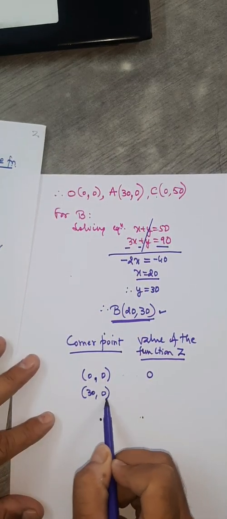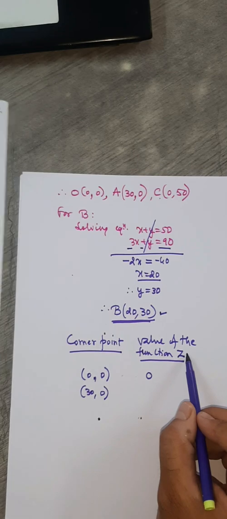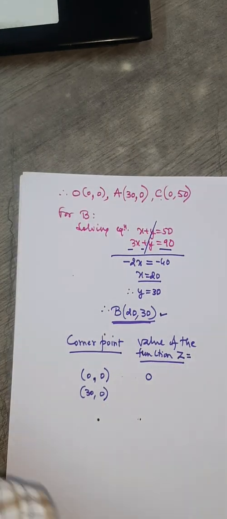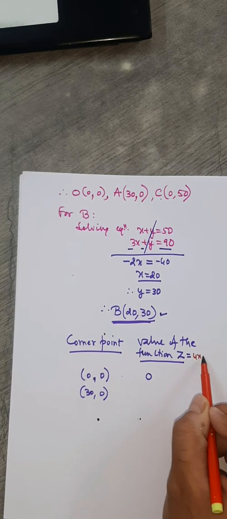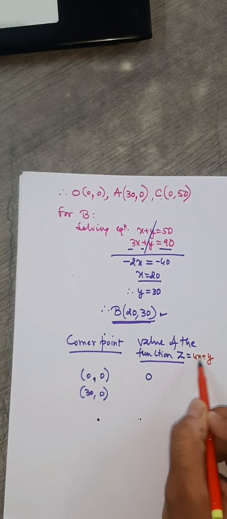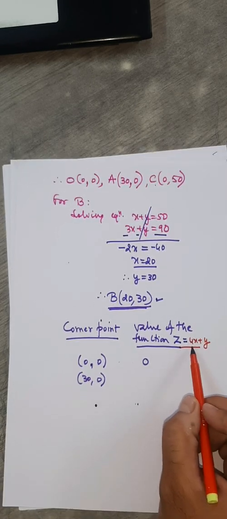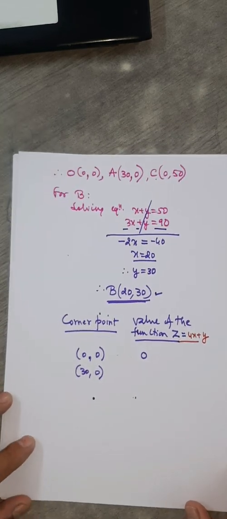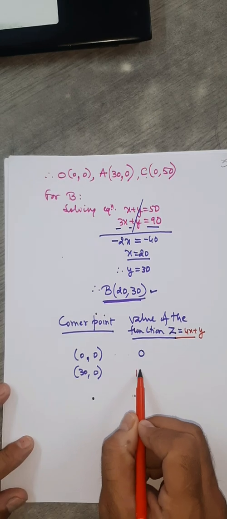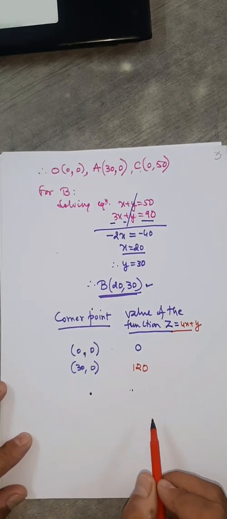Function is given by 4x plus y, with x equal to 30, so it will be 120 plus zero.